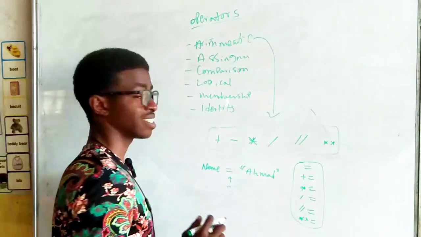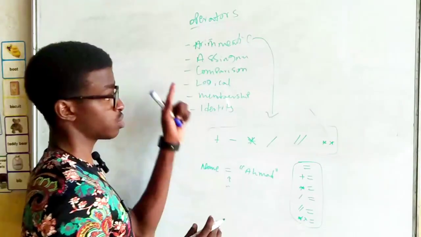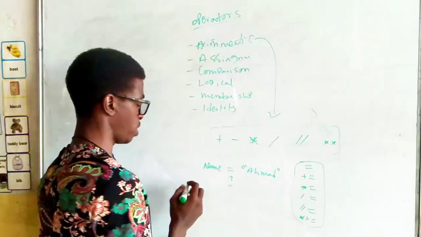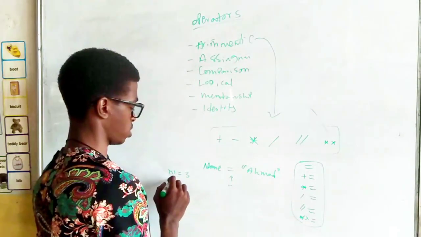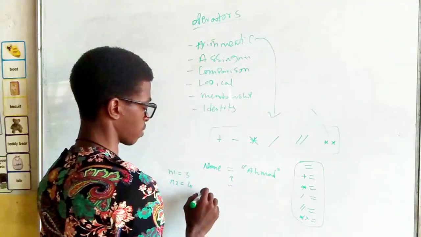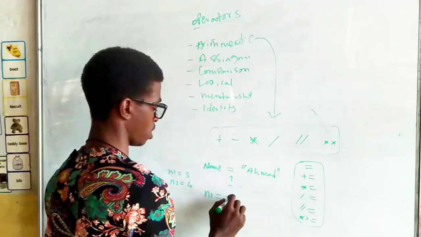Then we have the comparison operator. The comparison operator is to compare. You can sense from the name that you hear compare. For example, I have two values: variable n1 equals 3, n2 equals 4. Then I say n1, is it equivalent to n2?